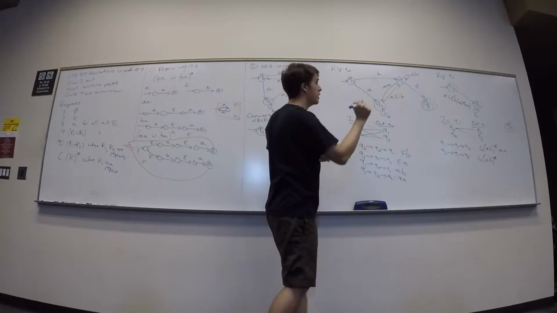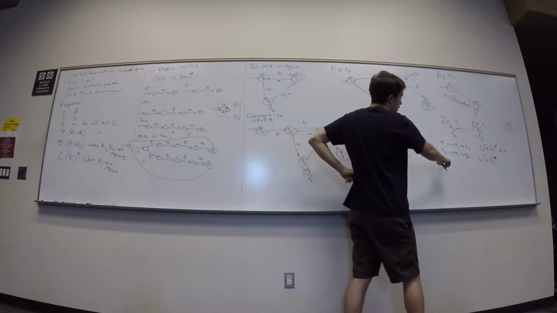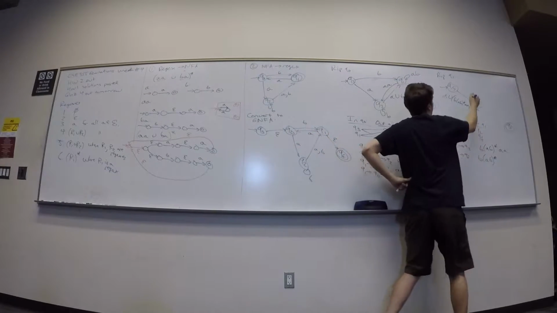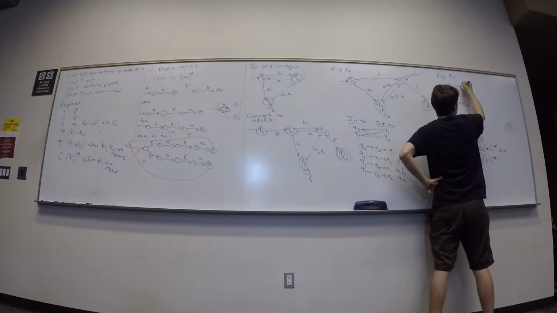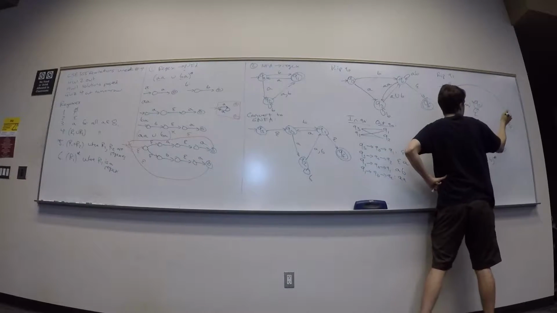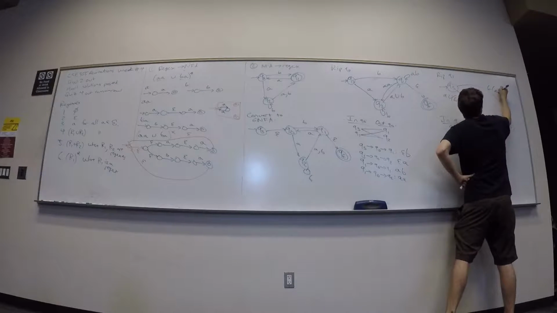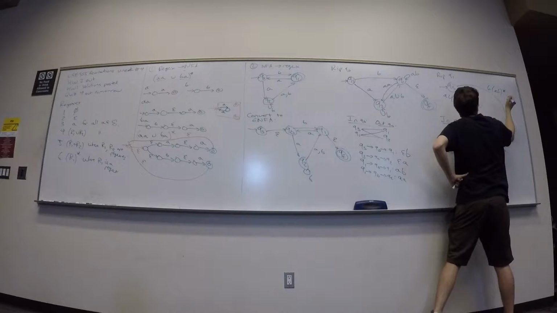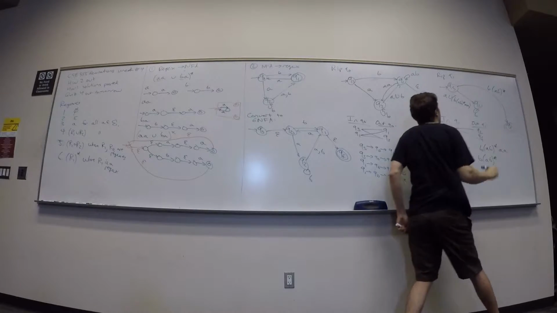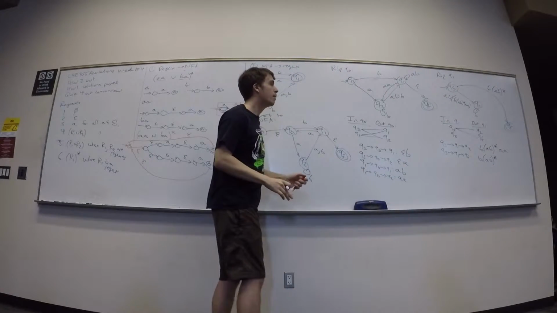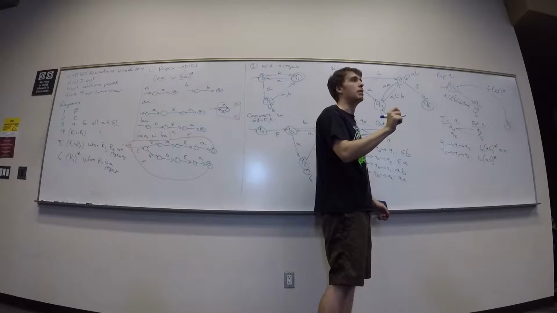Epsilon. So there it is. So now I've got to make a transition directly from S to F. And I don't have one already, so that's good. So I make one directly there on B AB star.